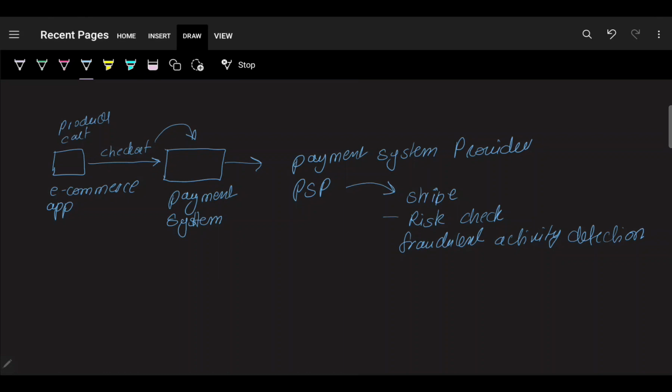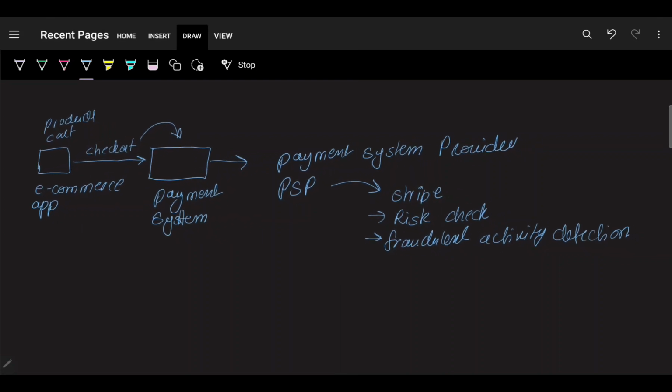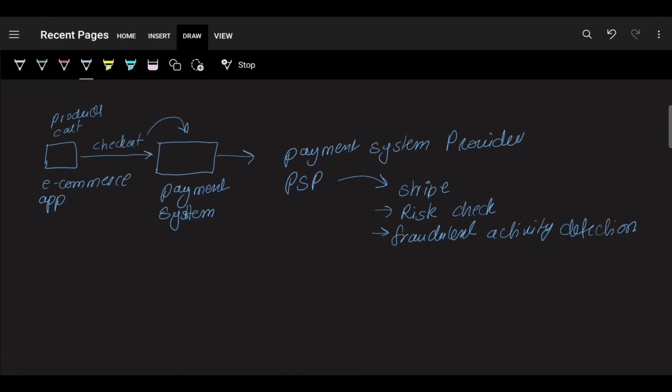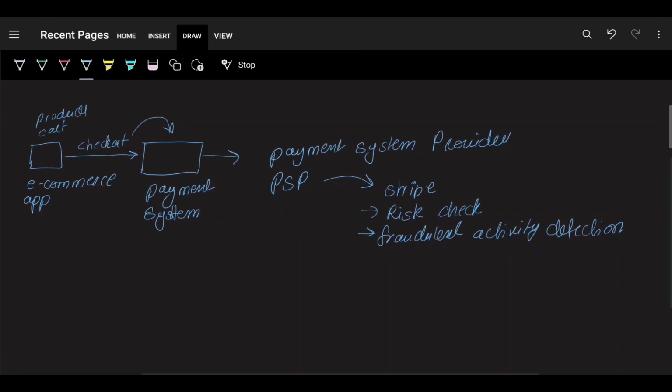It's all their responsibility. If you're building a payment gateway from scratch, you might end up with a lot of different problems where you actually enhance the scope of your problem, which means that you have to take care of compliance, you have to take care of all the integration and some third-party integration, which can include knowing your customer, which is known as KYC. I should add it over here as well.